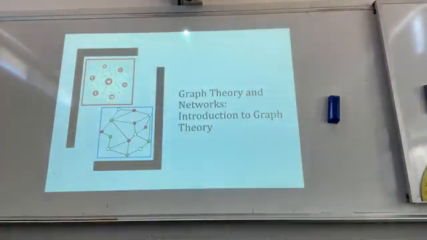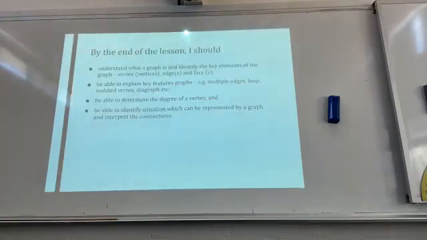All right? Now, for today, you should understand what a graph is and identify the key elements of the graph, which are vertex or vertices (plural), edge or edges, face or faces, and you should be able to explain the key features of the graph. That is quite important.